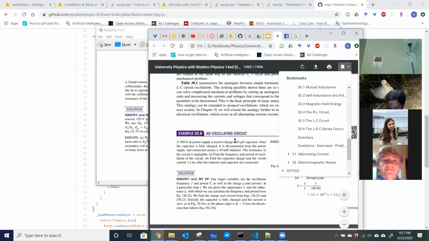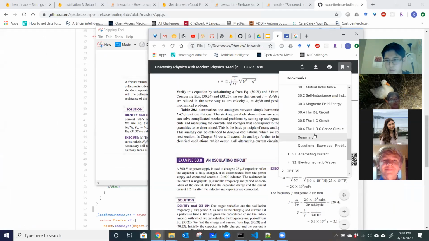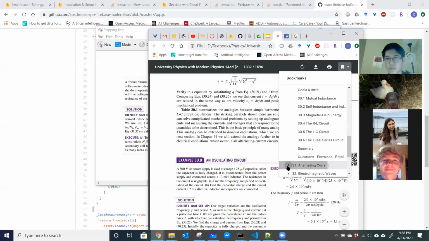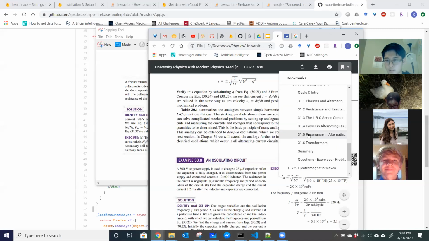Actually, it's in my notes. I have an equation sheet if you want to do a quick reference. This is a bit weird. That's a good question. Let me look in the book.